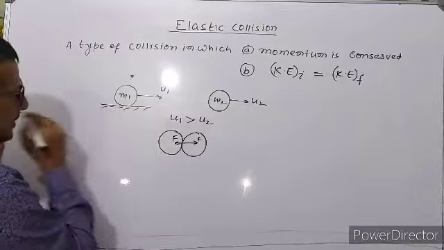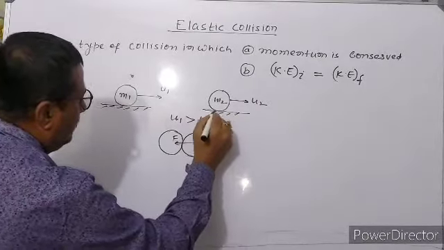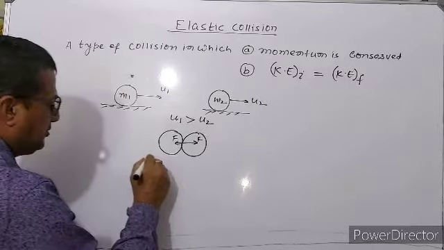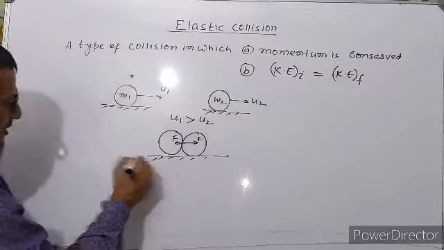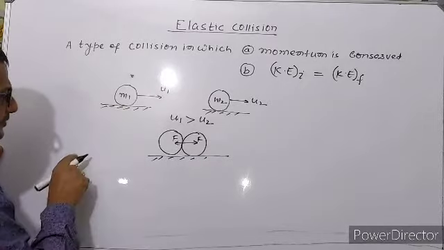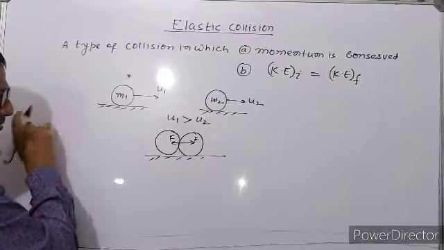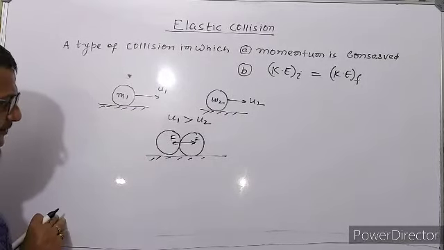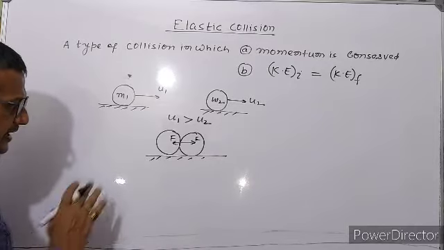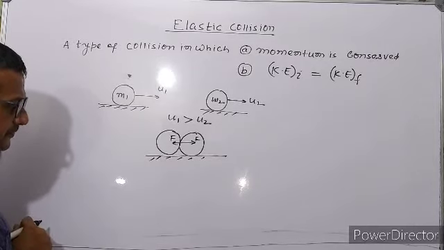Here, bodies are moving and at this position both are colliding. So what is happening here? When a body moves, a frictional force acts in the opposite direction. Here also frictional force is acting, but we are neglecting these external forces.